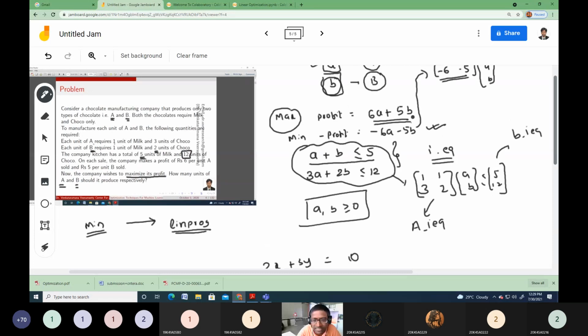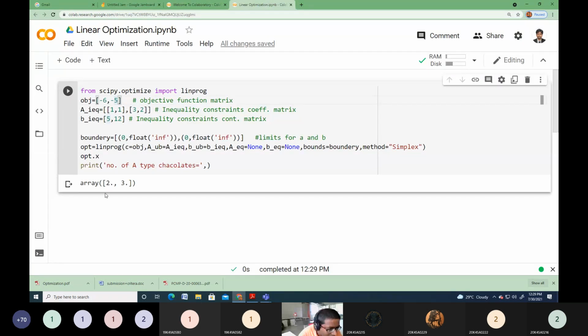So the first variable represents the A type chocolate, the second variable represents the B type chocolate.